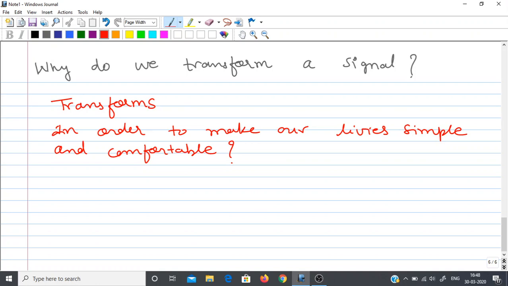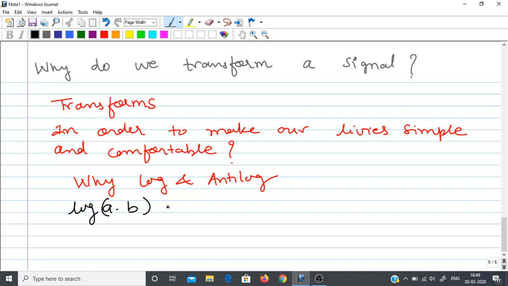Now, why do we take log or anti-log? If you want to multiply two numbers and the multiplication is difficult because the numbers are very long, then you take their log.